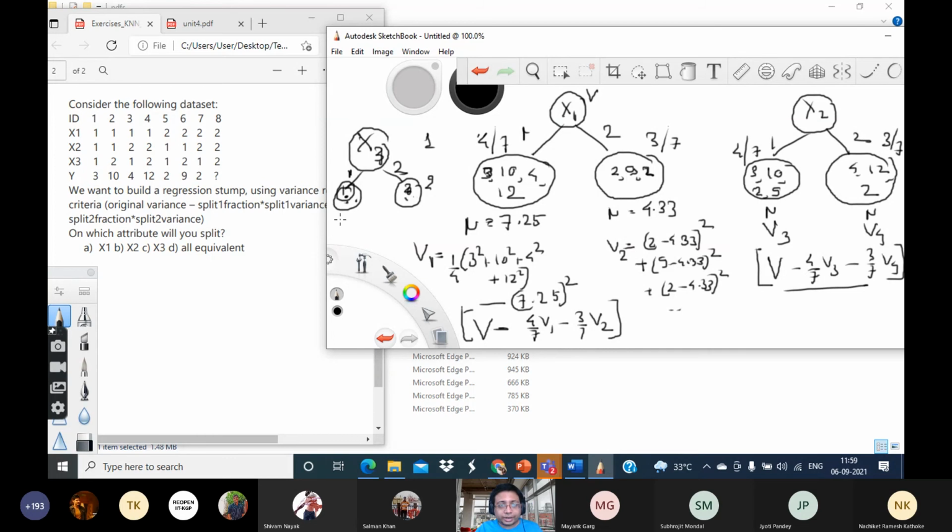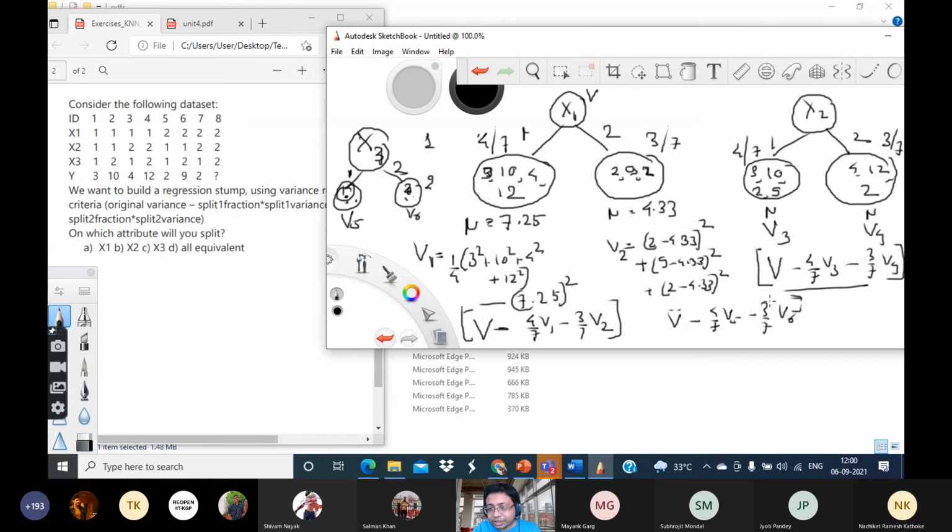You can calculate it, and this way you will get V5 and V6. So again you carry out the calculation: V minus 4/7 of V5 minus 3/7 of V6.